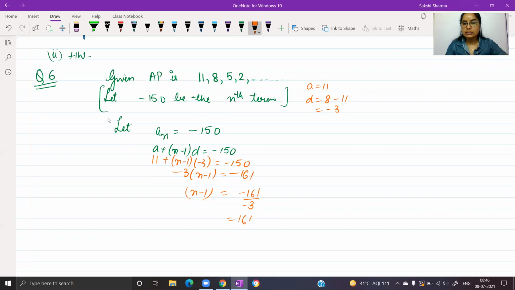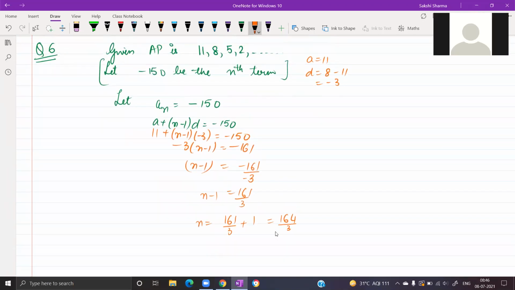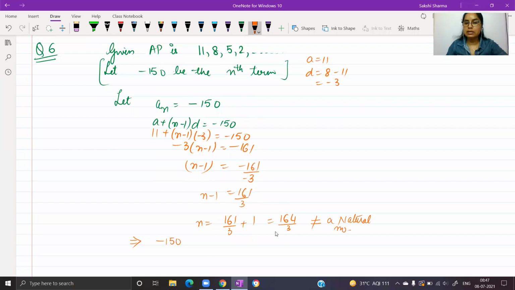So this is 1/3. This cannot be simplified even if you transpose 1 to the other side. Let's see if that works. 164/3. Does this work? No. No, ma'am. Not a natural number. So this implies minus 150 is not a term in the given AP.